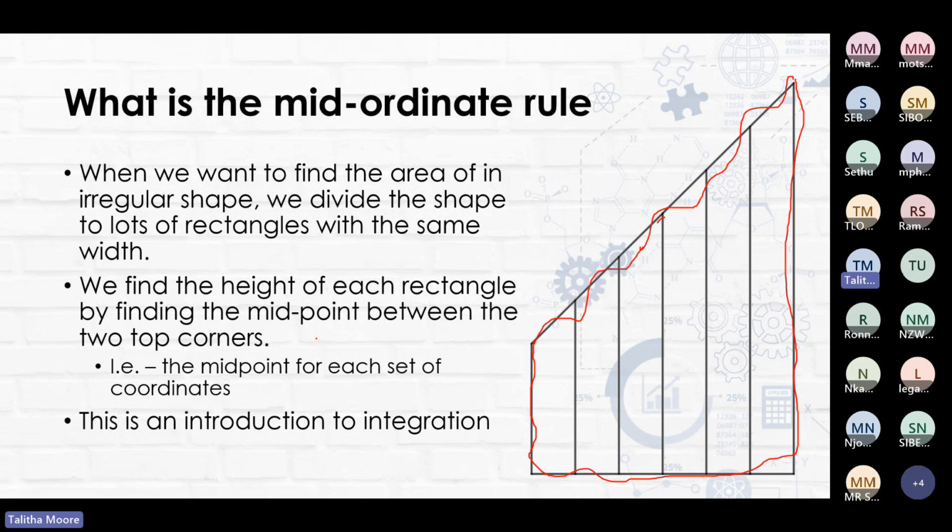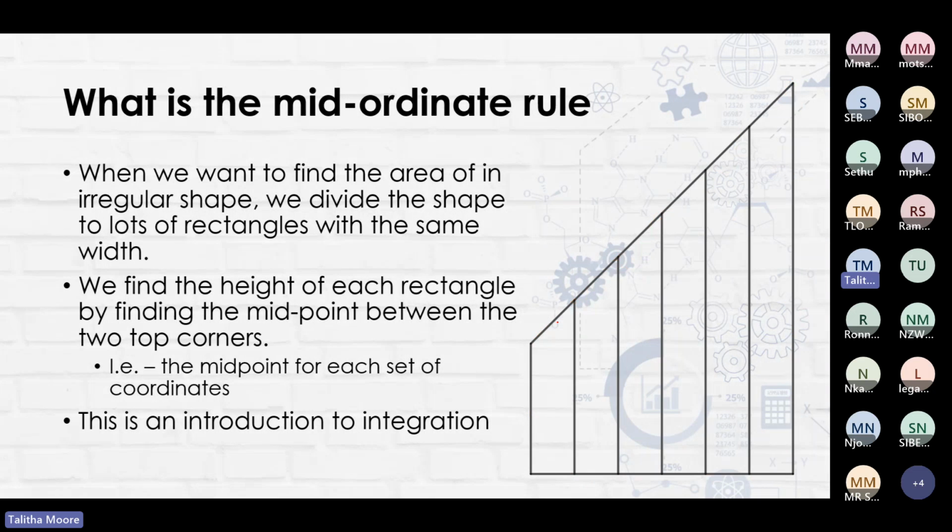We find the height of each rectangle by finding the midpoint between each of these coordinates. So the height is basically the average point between the two, and that's where the mid comes in our ordinates. The ordinate is the coordinate part, so that's why we call it the mid-ordinate rule.